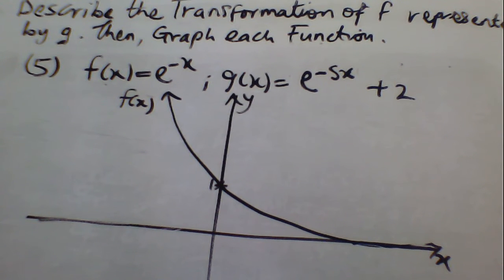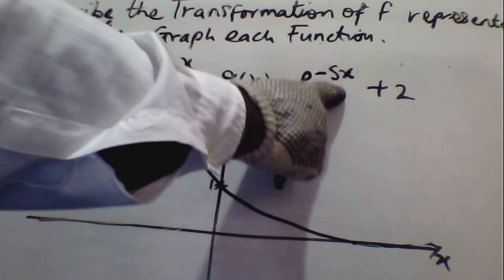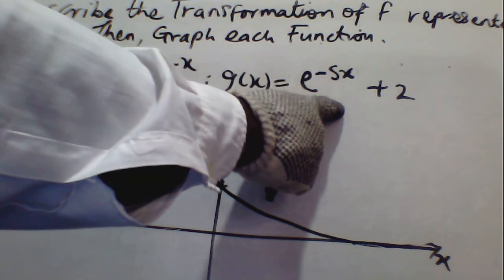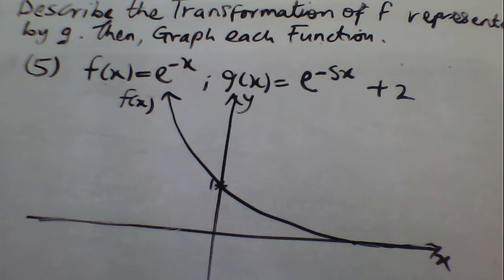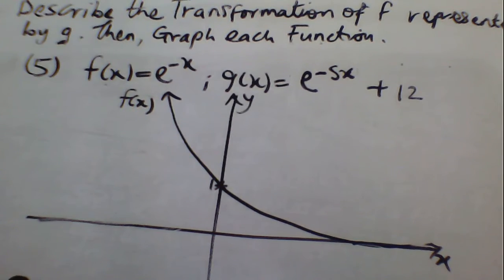So refer to our description. Wherever you see 12, know that it's 2. The graph of g is a horizontal shrink by a factor of 1 over 5, and vertical translation by 2 units vertical. Okay, let me leave it at 12, so that it will be considered very well.